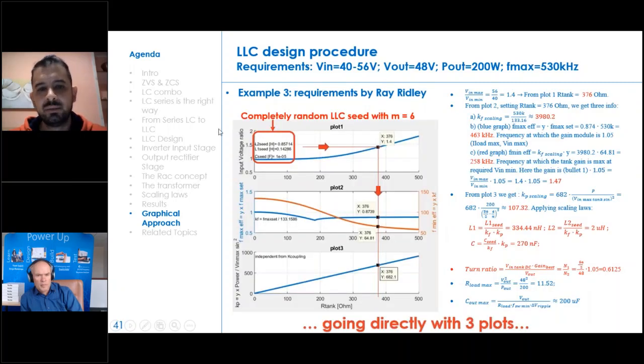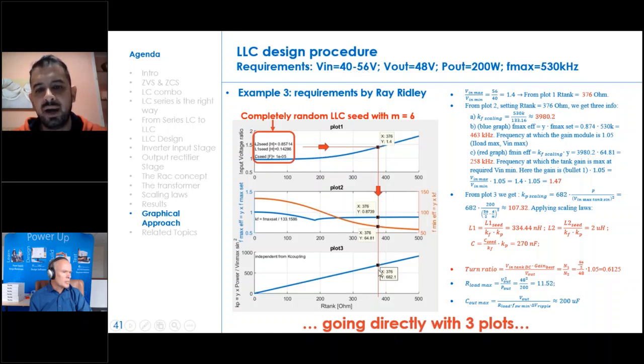Look here, same graphical approach, identical. I went directly with 3 plots. You see that I have completely selected random numbers for LLC seed with m equal to 6. All the passages are almost the same. So you enter with the input voltage ratio that is 56/40.